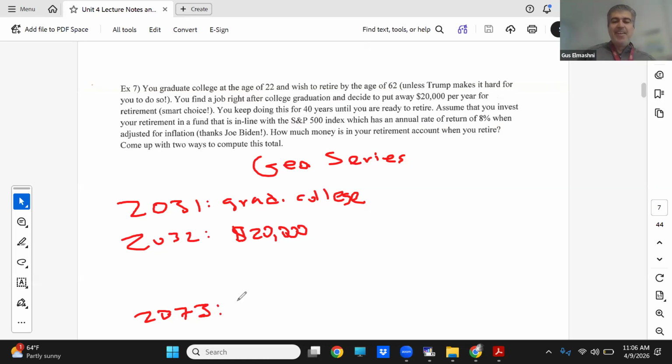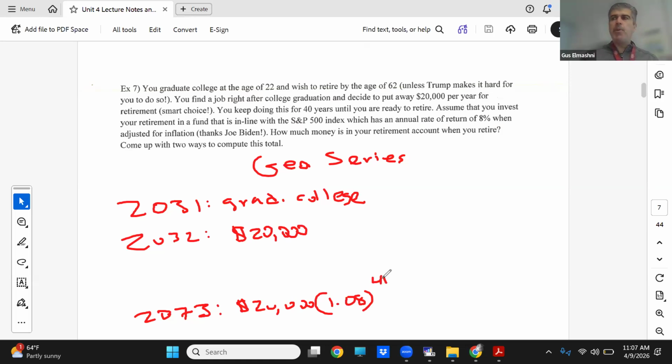If you think about it, you're doing 20,000 times 1.08. So to go from 2032 to 2073, how many times are you applying this common ratio? 40 times, right? You're applying it 40 times.